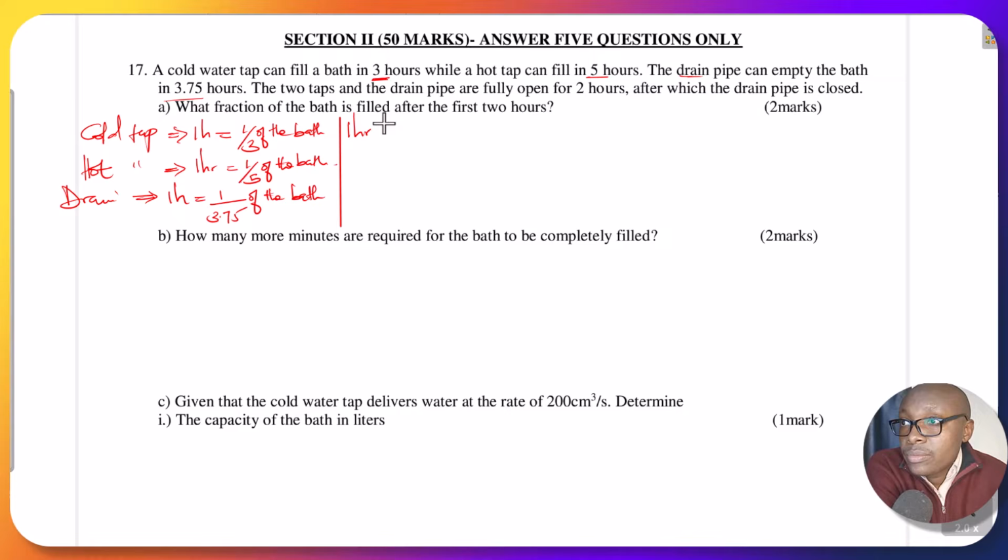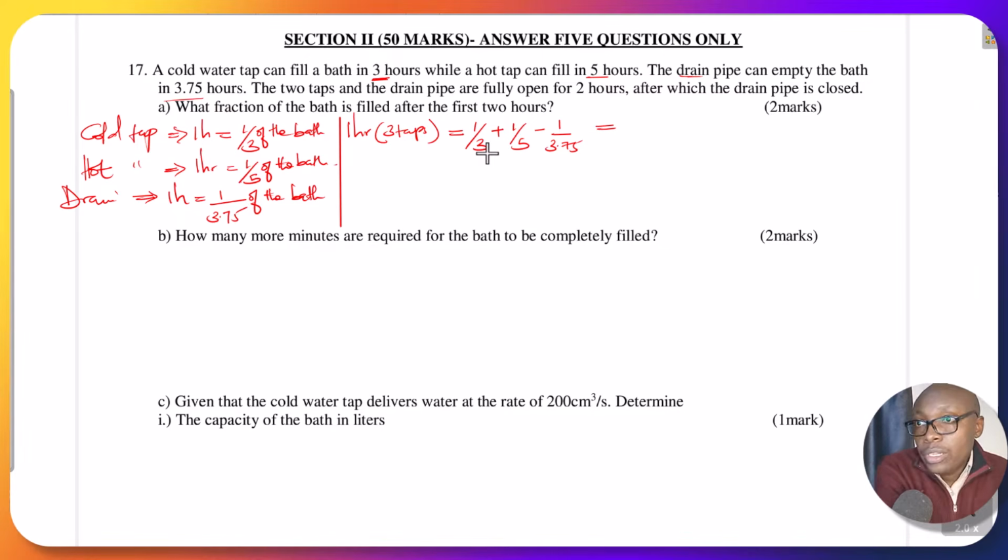We have the cold water tap that fills a third of the bath. Then we have the hot, a fifth. And then the drain, because it is emptying, we are going to subtract. That one can drain 1 divided by 3.75.